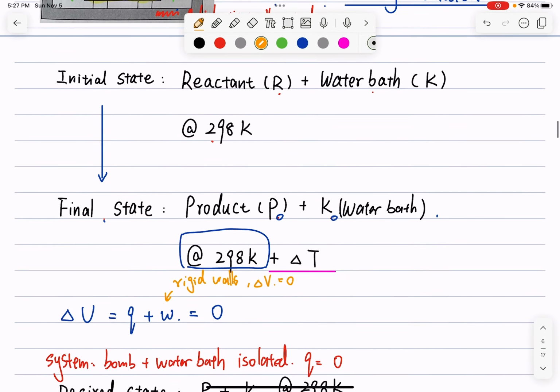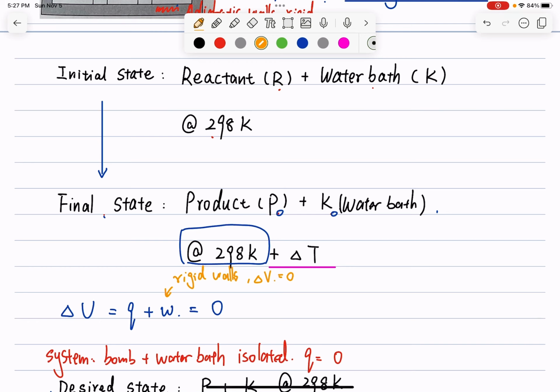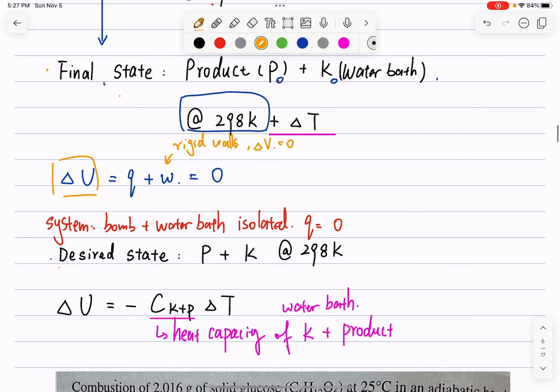Then we discussed the process of calorimetry. That means we start from the initial state to the final state, and from initial state to the final state, the delta U equals 0. But we don't want the initial state to the final state. We want to know your product and water bath at the temperature we desired, which is 298 K. We went over how to use the equation we learned before to address the delta U associated with the change of temperature.